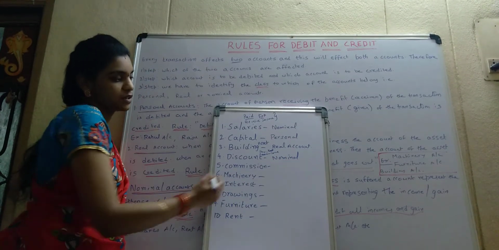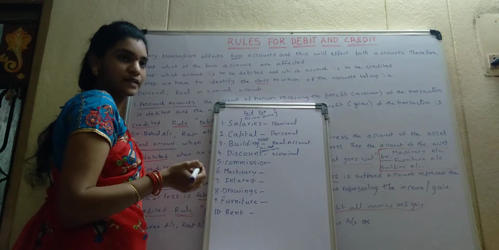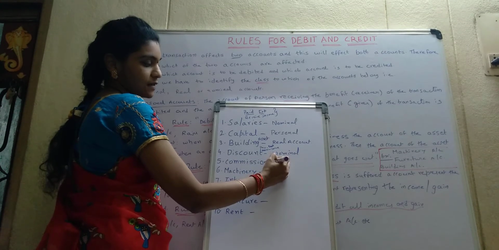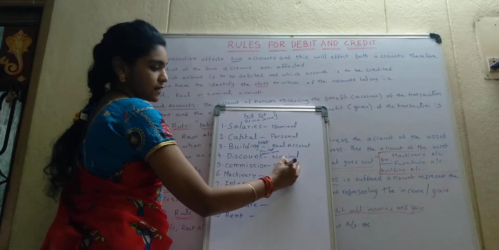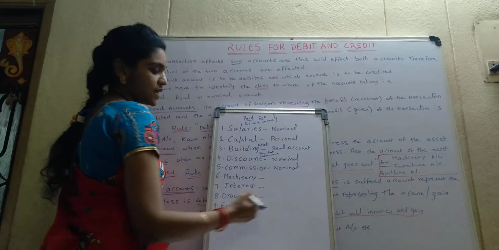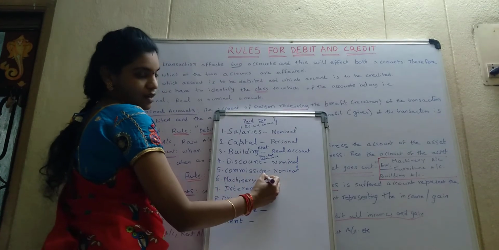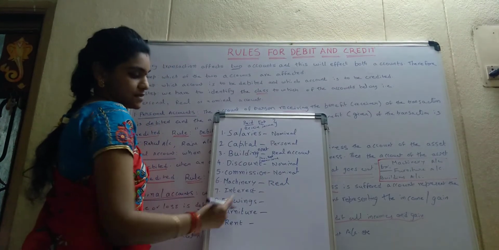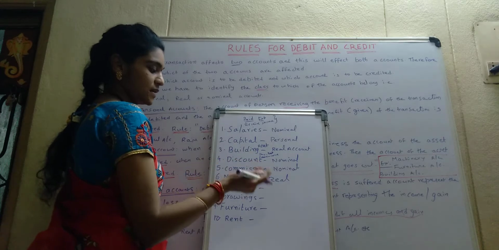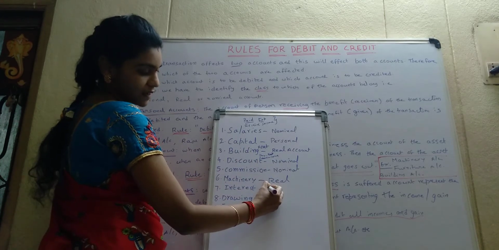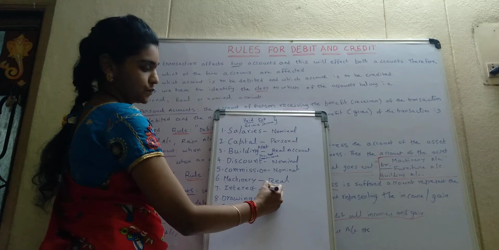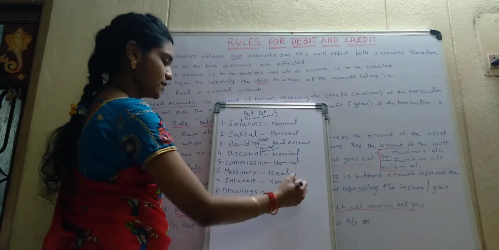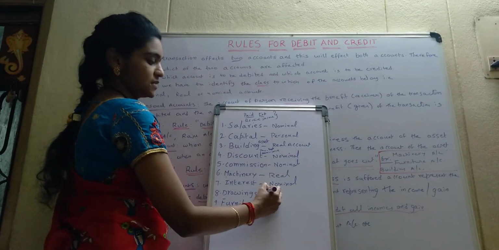Commission is also like that only. If you pay, it is an expense; if we receive, it is an income. Income and expenses come under nominal account. Machinery is an asset. All assets come under real account. Interest may be interest paid or interest received. Expense and income come under nominal. Next, drawings.